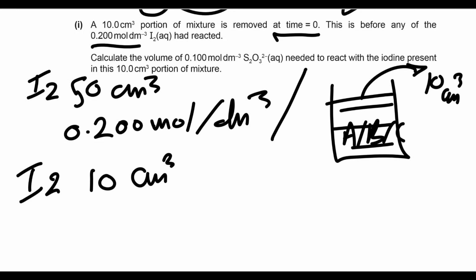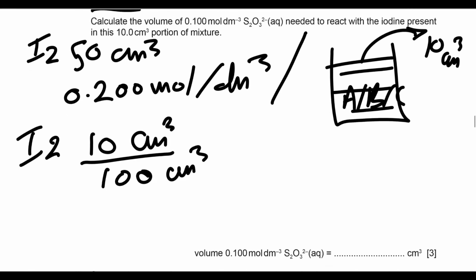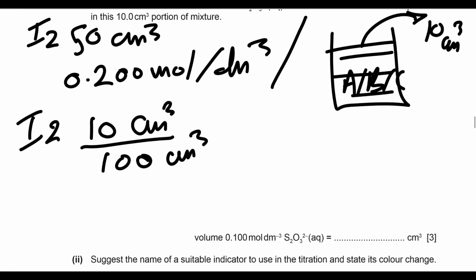And this 10 cubic centimeters, where did you take it from? From 100 cubic centimeters. So to calculate the number of moles of iodine in this 10 cubic centimeters, you need to follow this equation. The volume that you took is 10, and it was from the total volume of the mixture.